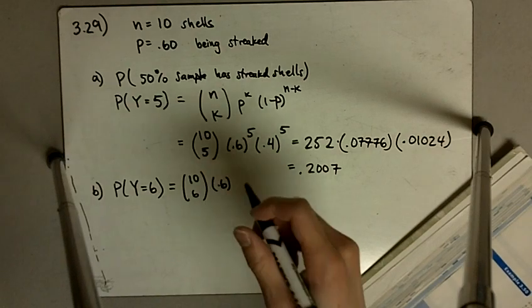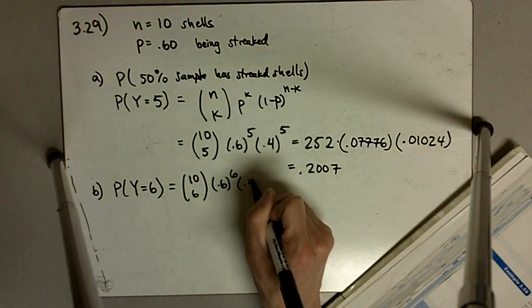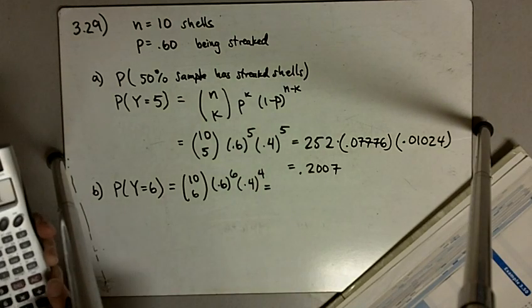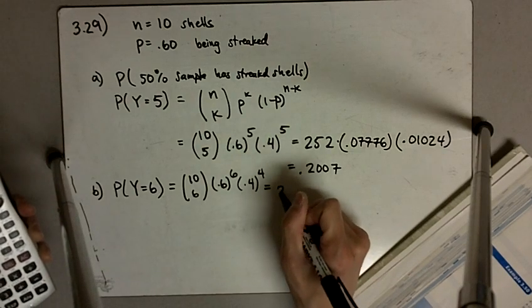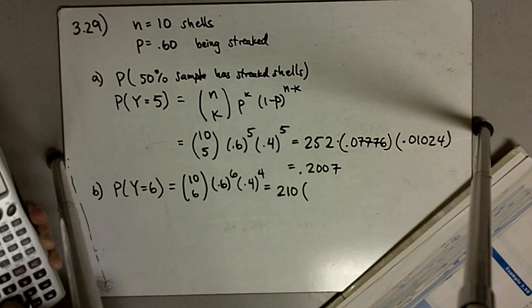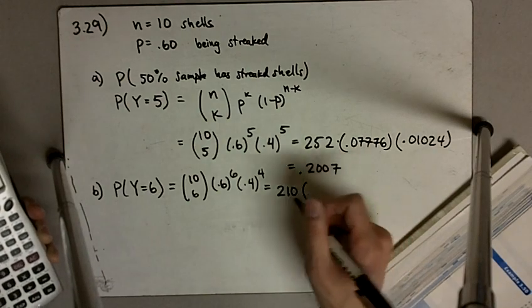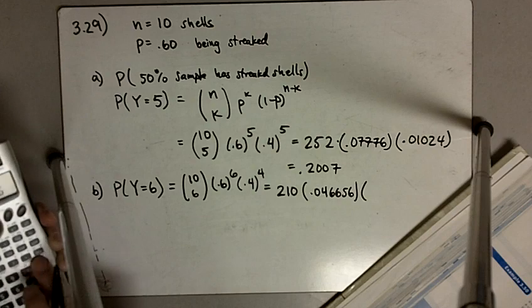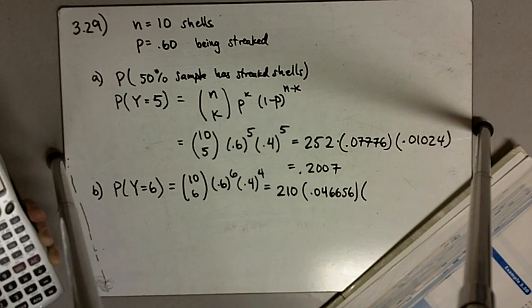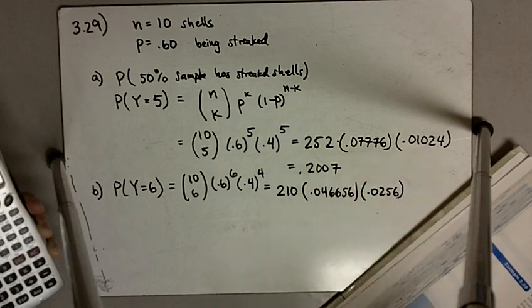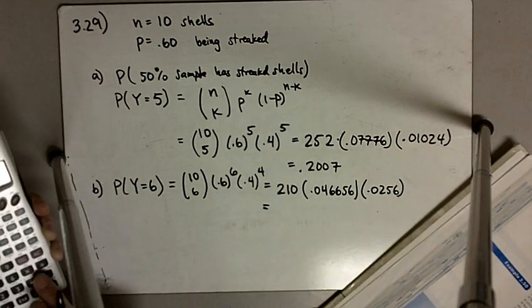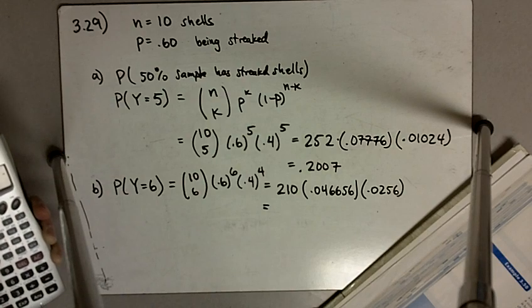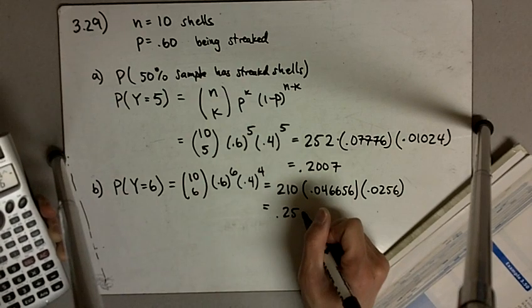We need streaked shells, 6 of them, and the non-streaked shells, or pallid ones, 4 of them. 10 choose 6 is 210. 0.6 to the 6 is 0.046656, and 0.4 to the 4 is 0.0256, and this totals out to be 0.2508.